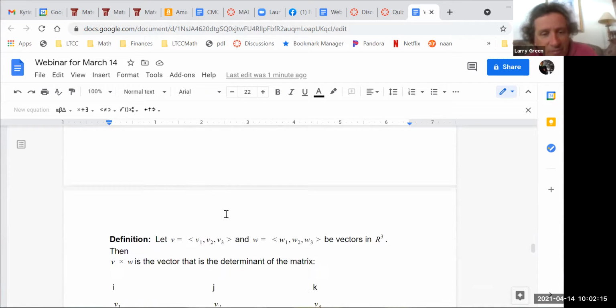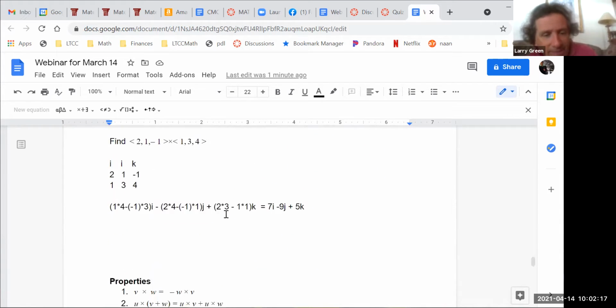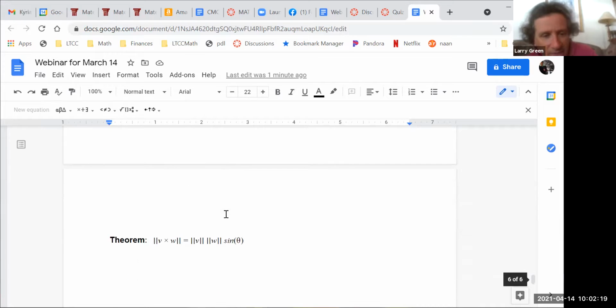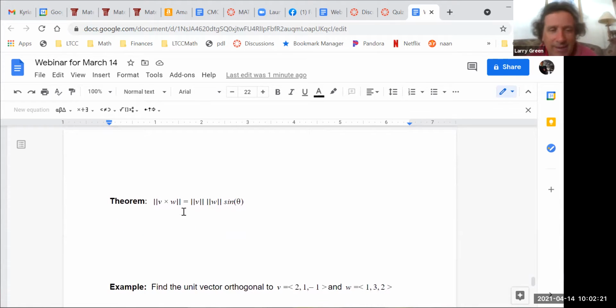Okay, but just note, why is it immediate from the theorem that V cross V is 0?